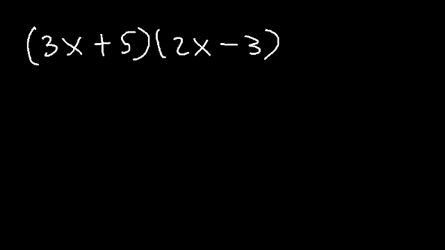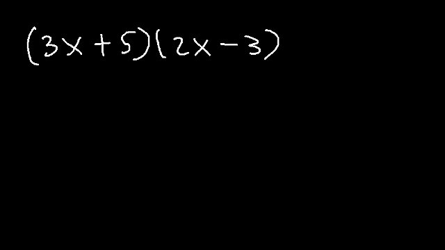Now, what if we wanted to multiply a binomial, which contains two terms, by another binomial? How would you do it? So this process is called foiling. We need to FOIL or multiply the two binomials.